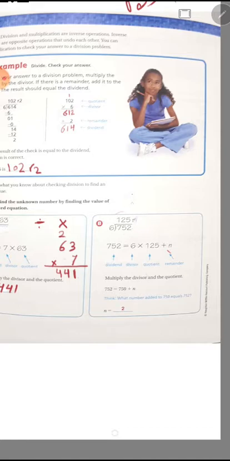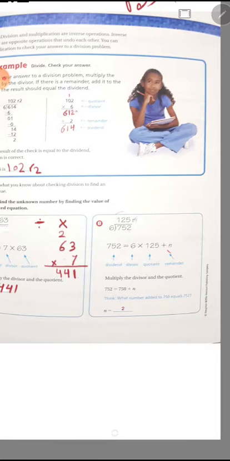Here we multiplied the quotient with the divisor and found the dividend, because there is no remainder here.